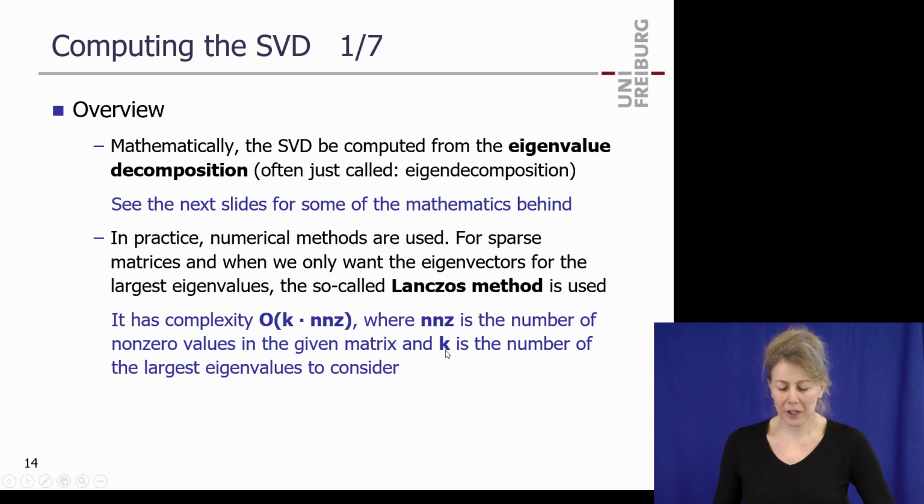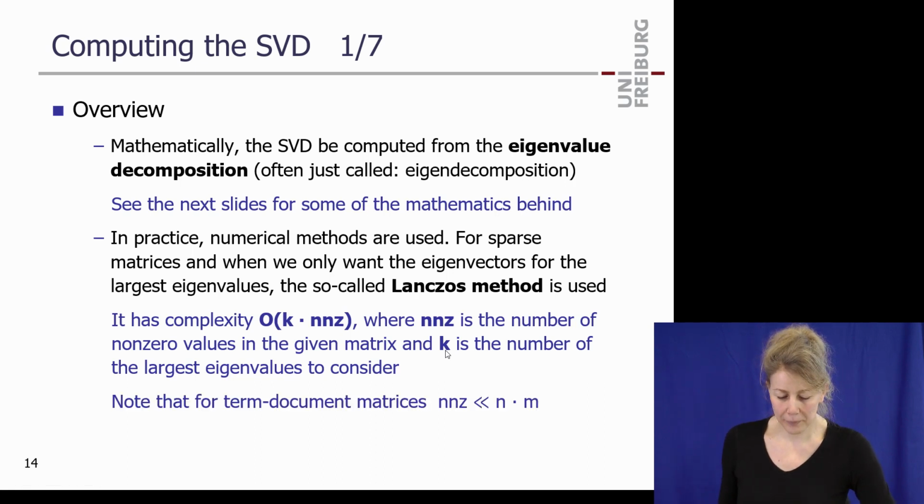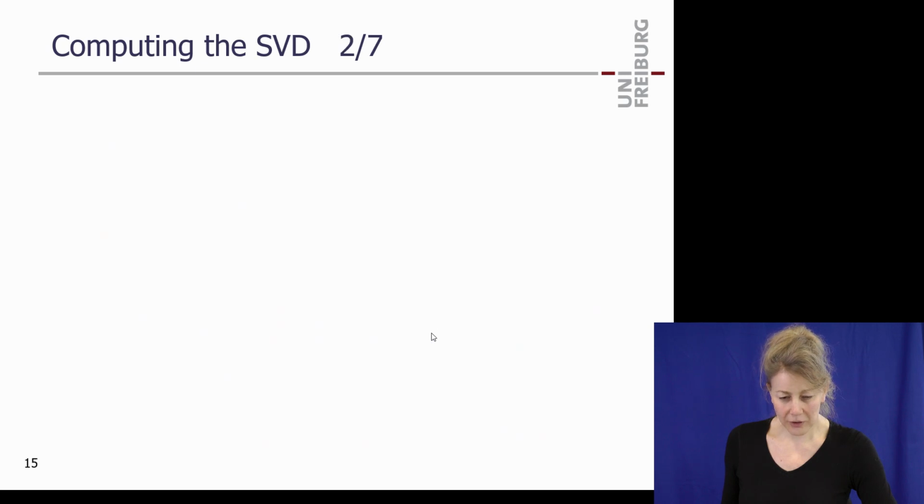That's kind of the best one can hope for. And of course, in typical term-document matrices, most entries are 0. So what I used for the toy example won't work there. For a dense matrix, this takes a very long time. I have a slide about this, and I will also mention SciPy.